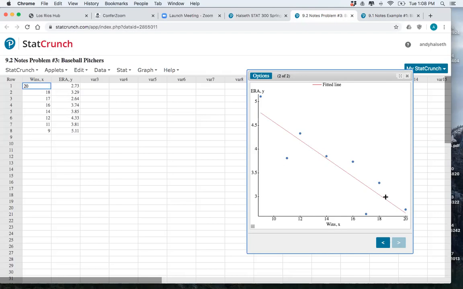And really what StatCrunch is finding is the line that minimizes the distance to these points, right? So the total distance for all these points to the line is minimized for this line here. So that's why it's called the line of best fit. It's your best linear model, okay?